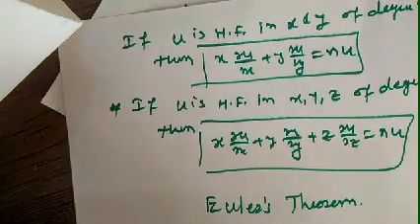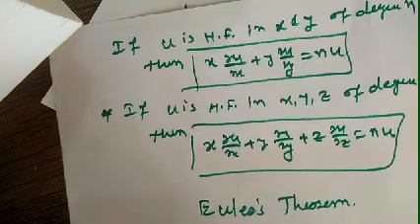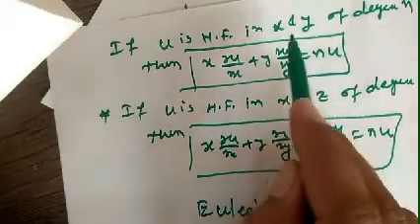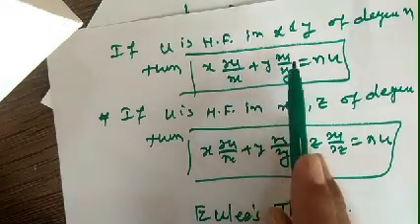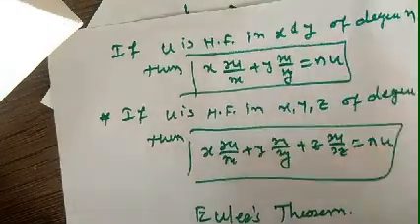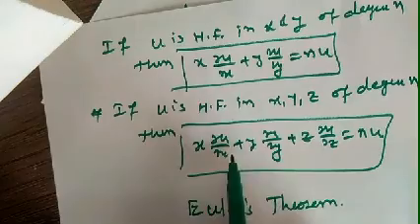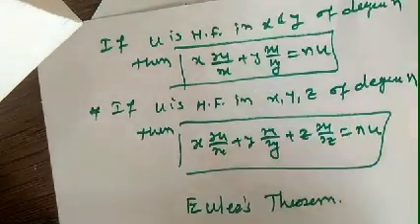What is Euler's theorem? If u is homogeneous in x and y of degree n, then x into del u by del x plus y into del u by del y is equal to n u. Or if this is in 3 variables, then we can write this function in this way.